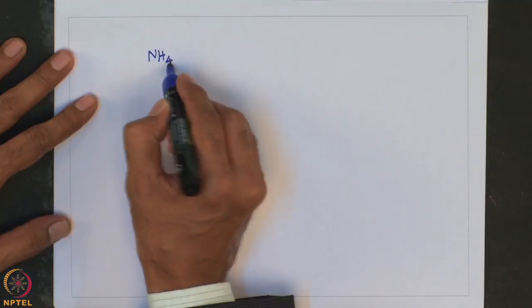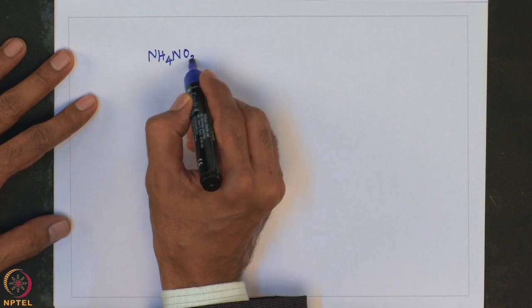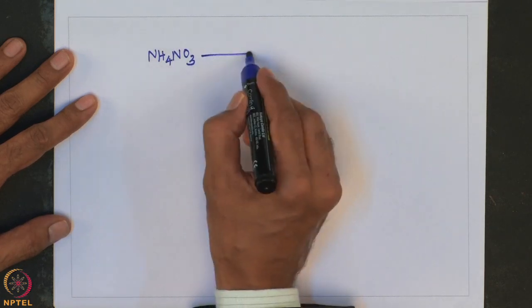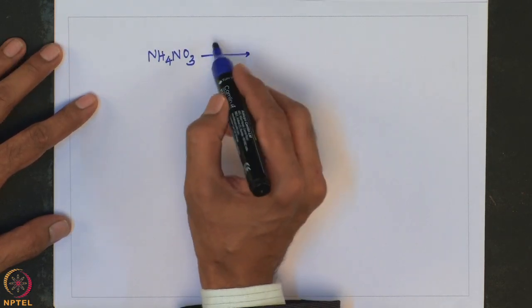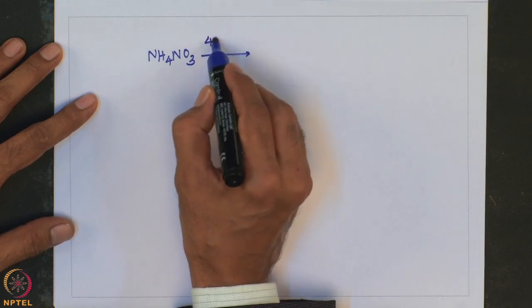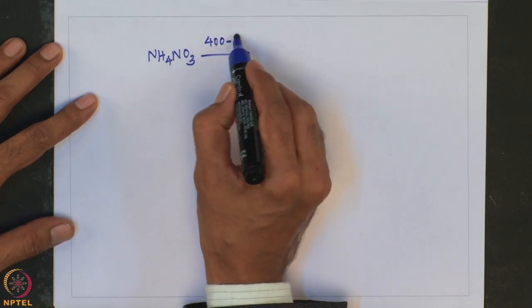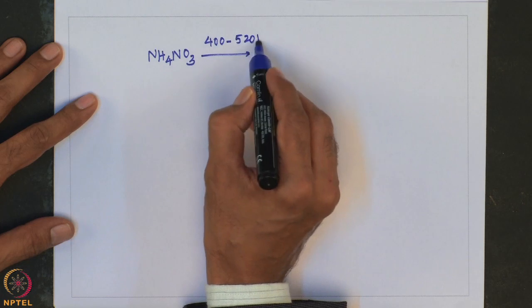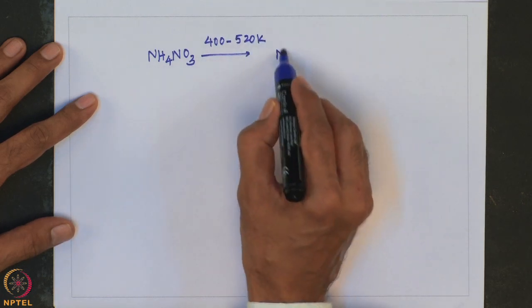Now, let us consider dinitrogen monoxide, N2O, also called nitrous oxide. One can prepare it by decomposing ammonium nitrate. When ammonium nitrate is heated to 400 to 520 Kelvin, N2O is formed.